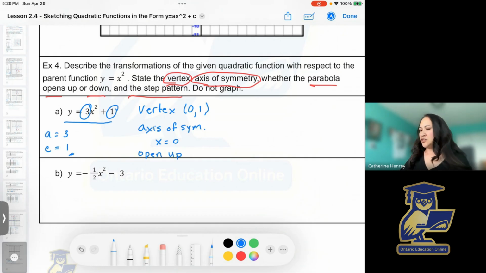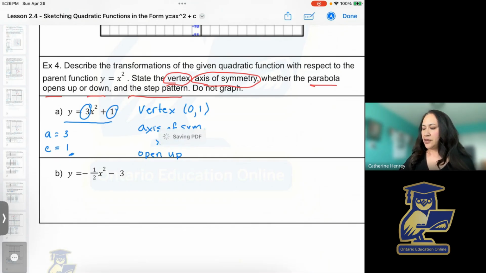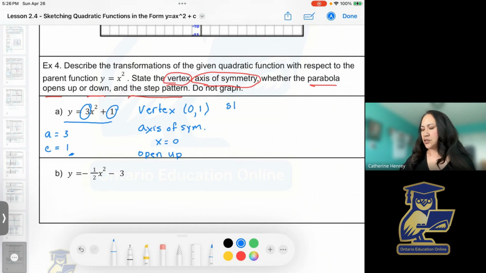And now let's describe some of the other transformations. Again, because A is 3, this graph is going to be stretched vertically by a factor of 3.